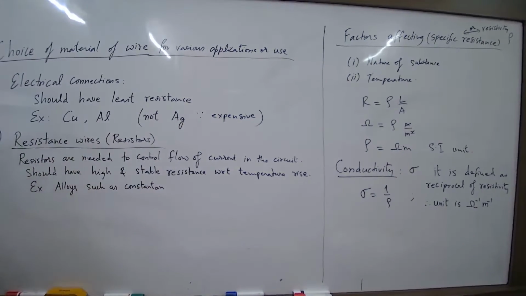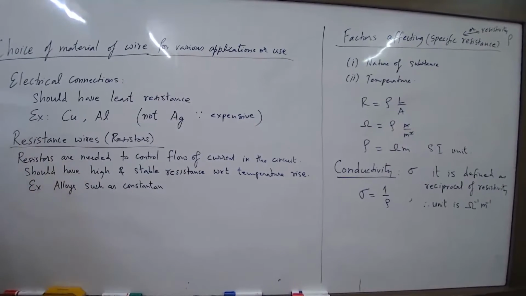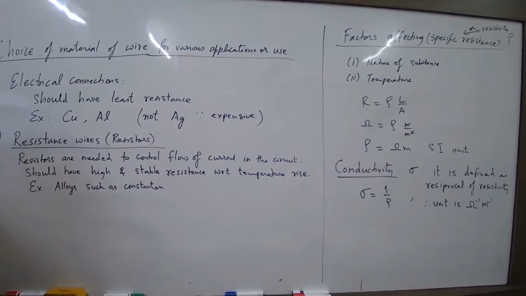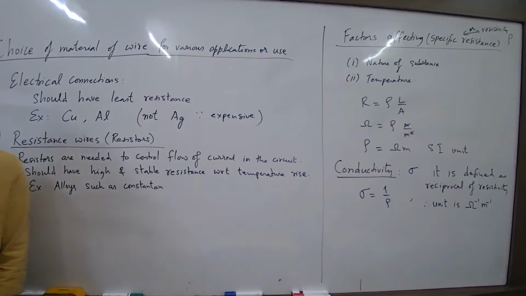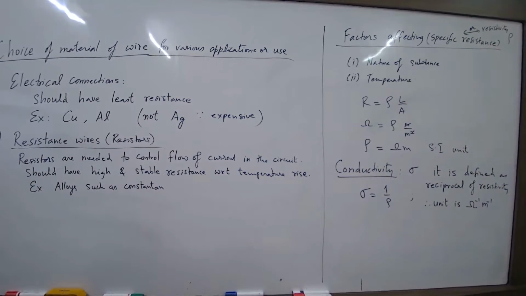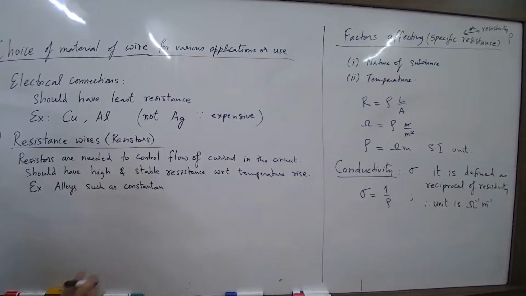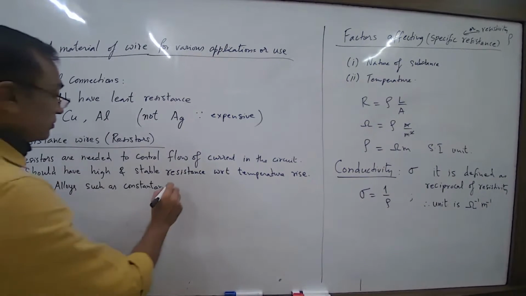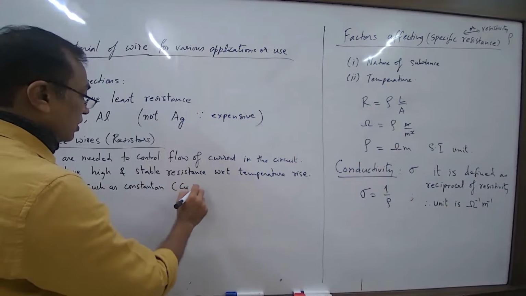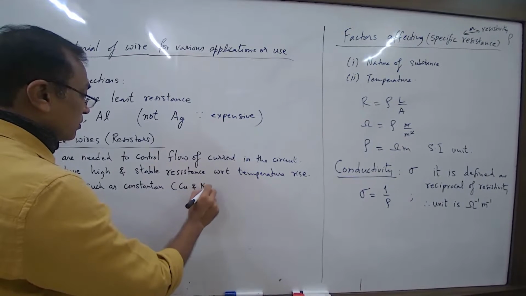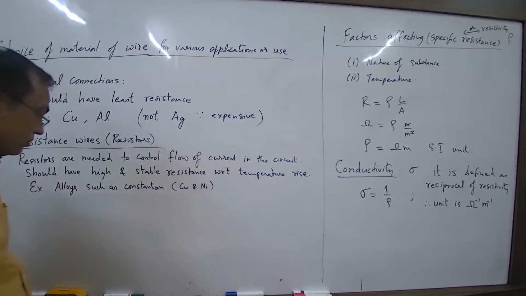This is a mixture of copper and nickel, right? Is that true? Copper, nickel and aluminium again. It's not given in the book, so just search on the net. Copper and nickel, I think. Okay.